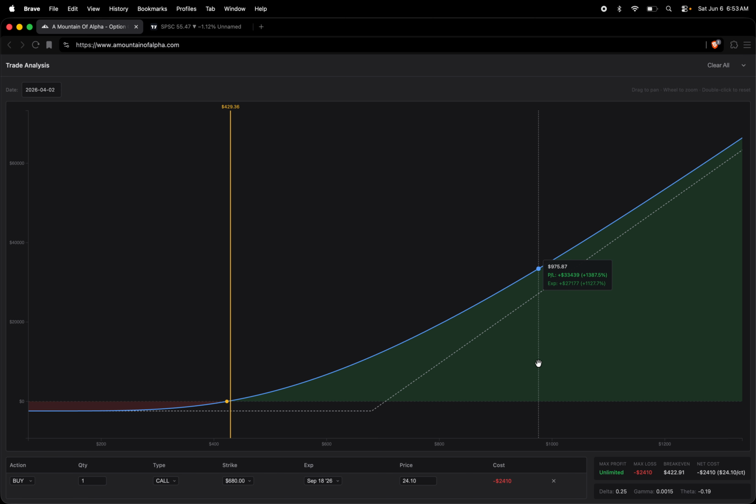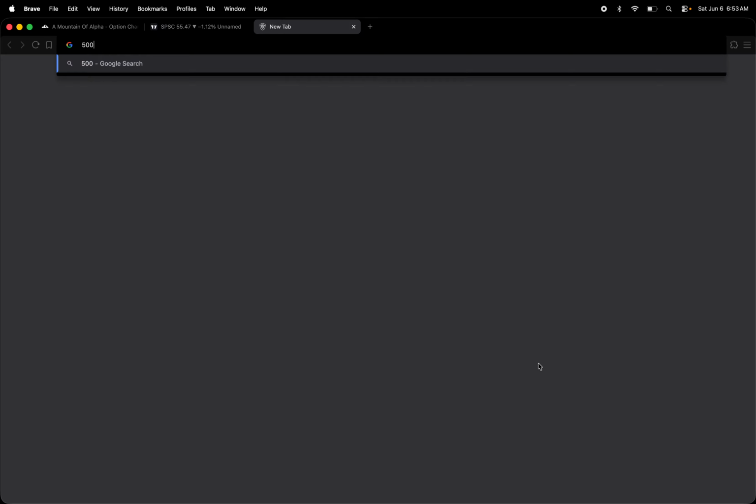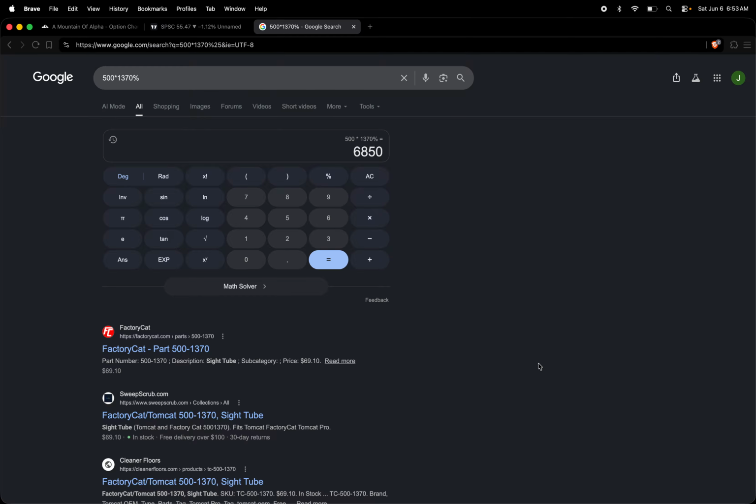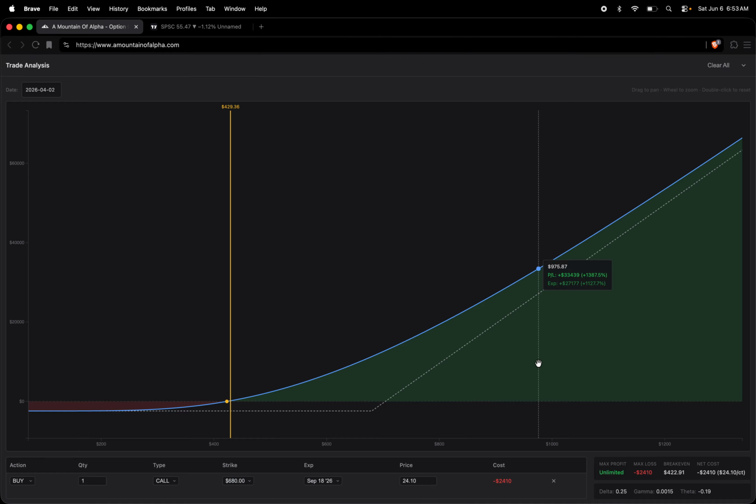That's crazy. So those convexities, when volatility is elevated and you're playing things that are theme based, right? So $500 would have been $6,850 in 3 months.